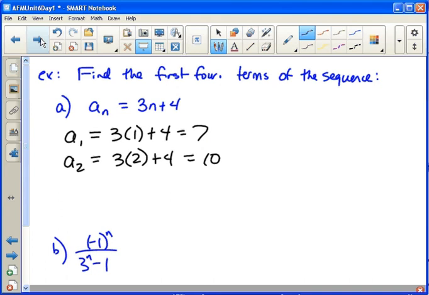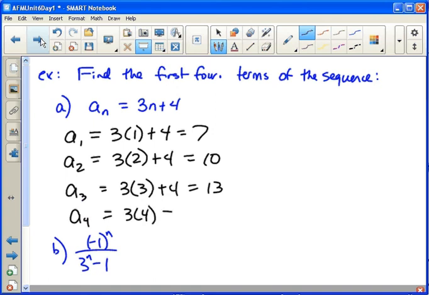Third term, I plug in 3, and I get 13. Fourth term, I plug in 4, and I get 16. So my first 4 terms would be 7, 10, 13, and 16. That's one way to do it. You just literally plug in the numbers 1, 2, 3, and 4 to get the first 4 terms.